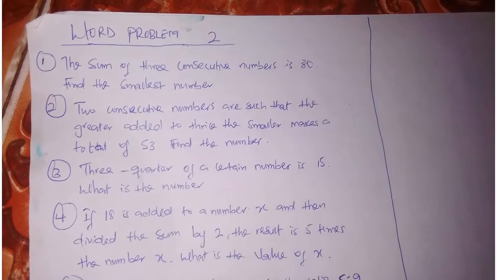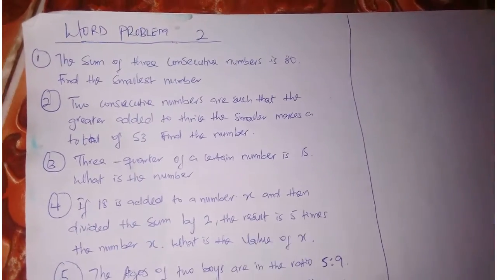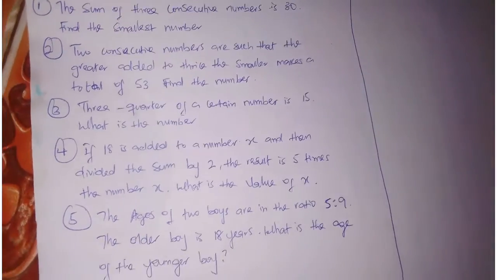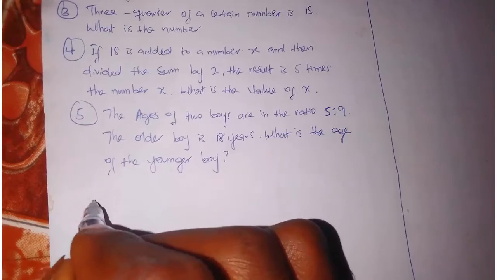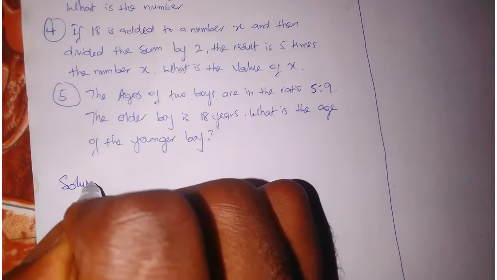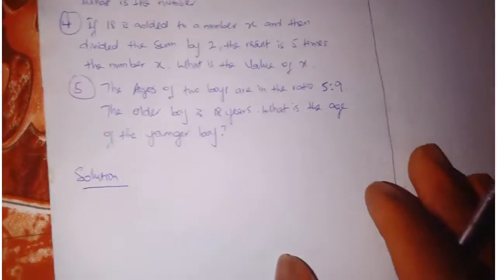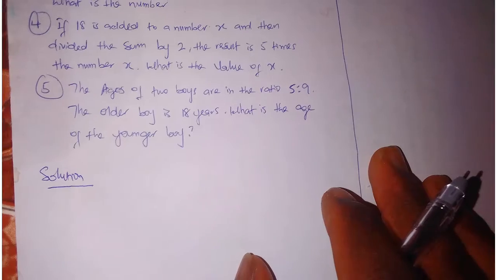The sum of three consecutive numbers. What is the meaning of consecutive numbers? A consecutive number is a number that follows another, with similar differences. What do I mean? Three consecutive numbers can be 1, 2, 3, where the difference is 1.